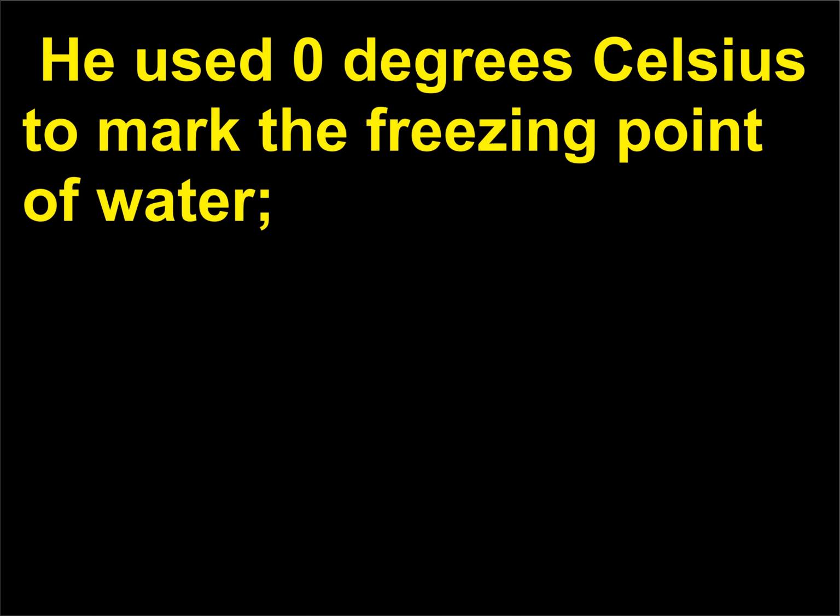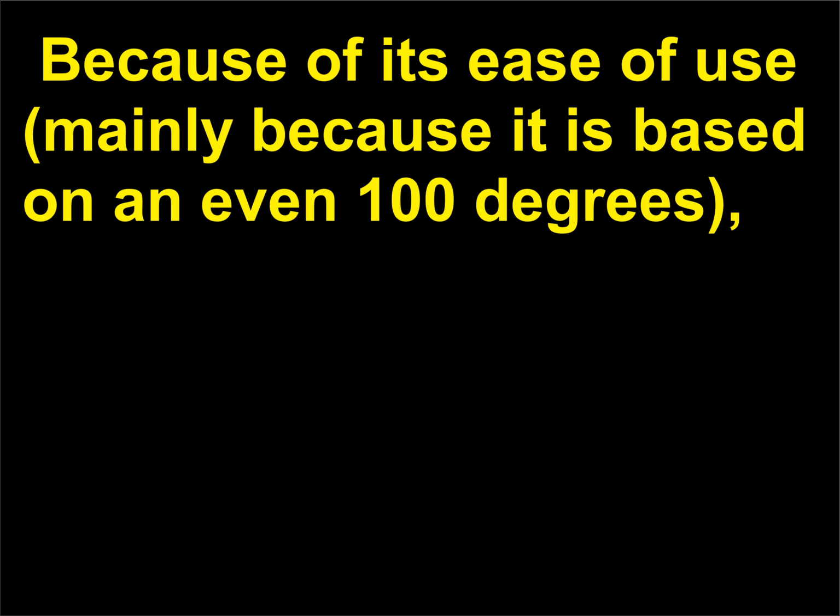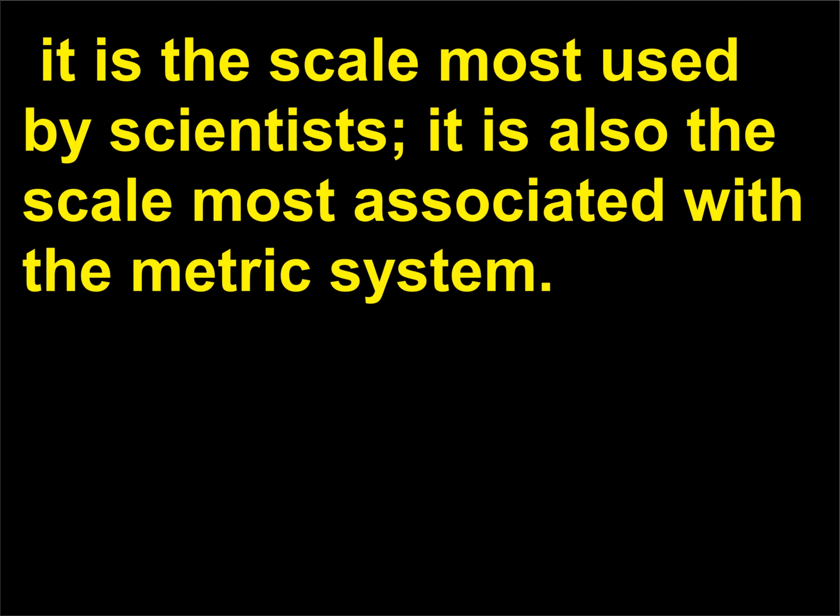He used 0 degrees Celsius to mark the freezing point of water. The point where water boils was marked as 100 degrees Celsius. Because of its ease of use, mainly because it is based on an even 100 degrees, it is the scale most used by scientists. It is also the scale most associated with the metric system.